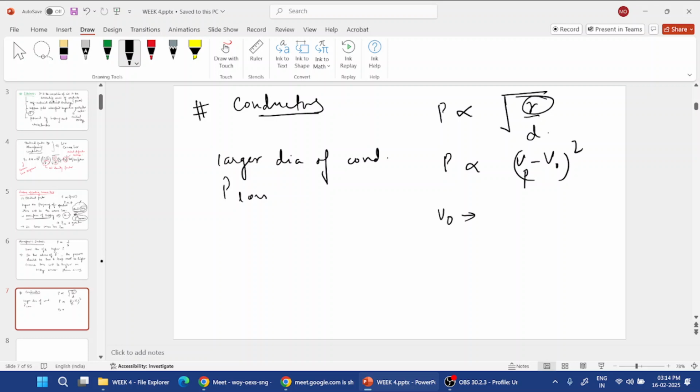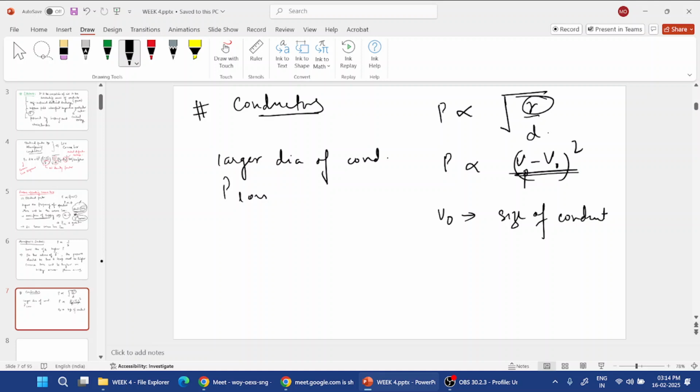We will see here, when we derive that expression, it is directly proportional to the size of the conductor. Hence, the larger the size of the conductor, the larger will be the critical disruptive voltage, and hence smaller will be the difference.